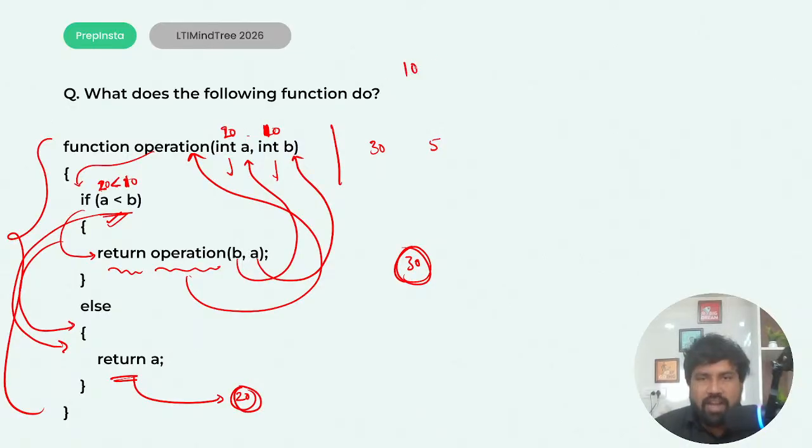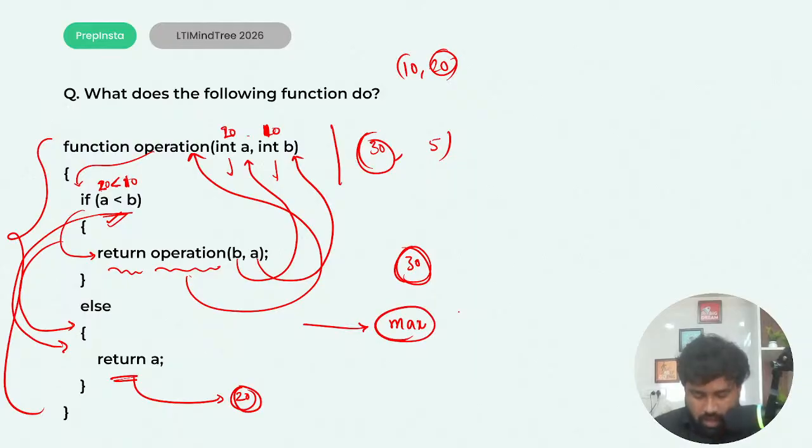First I took 10, 20. Second I took 30, 5. I always got the maximum number out of this function. So this program always returns the maximum value. That's it. Whatever options you see, you will see that the function will always return the maximum value. You have to pick that option. That's it.